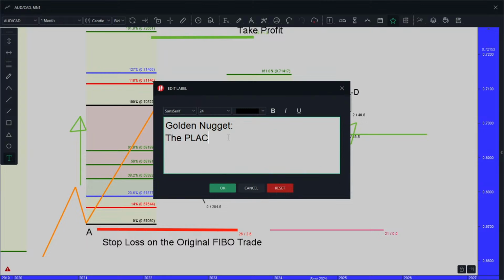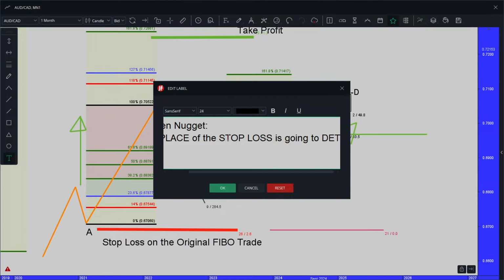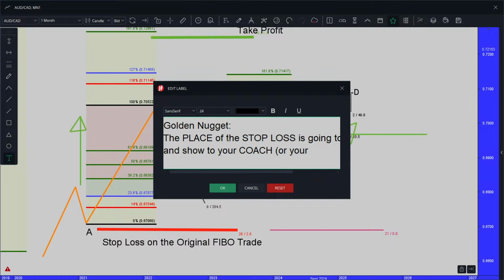The place of the stop loss is going to determine and show to your coach or your boss what pattern you are trading.